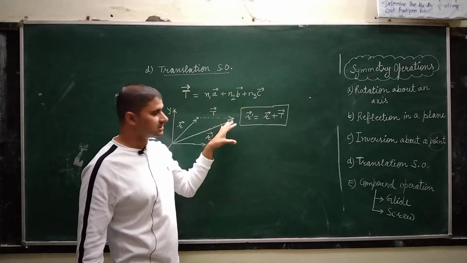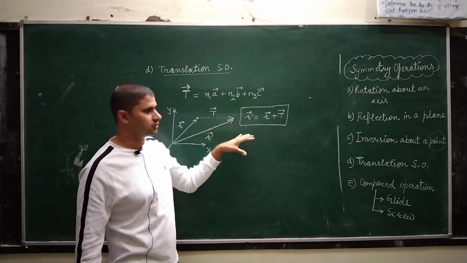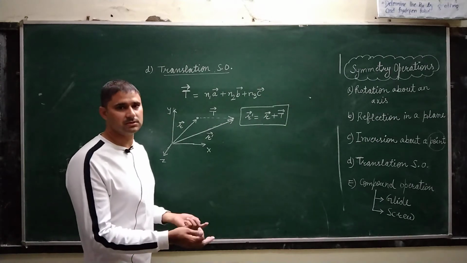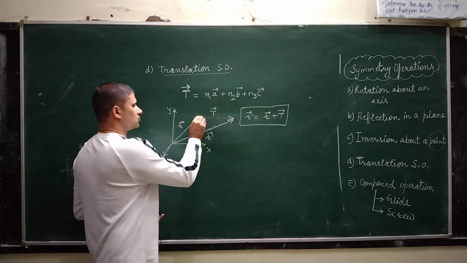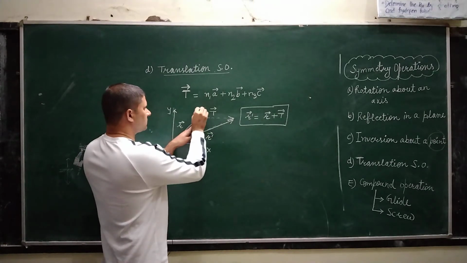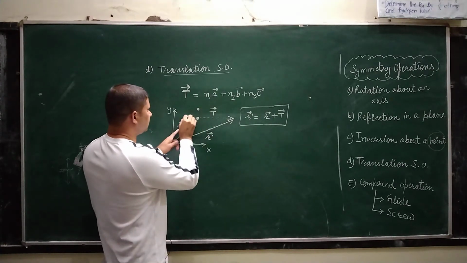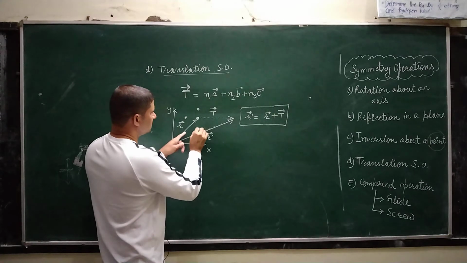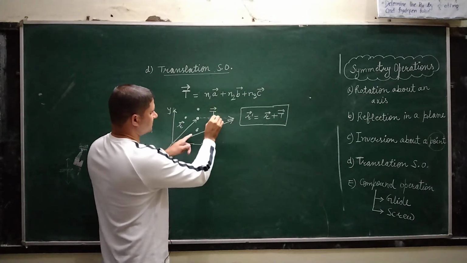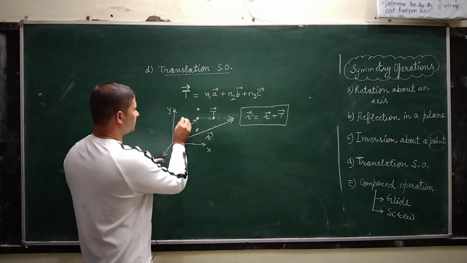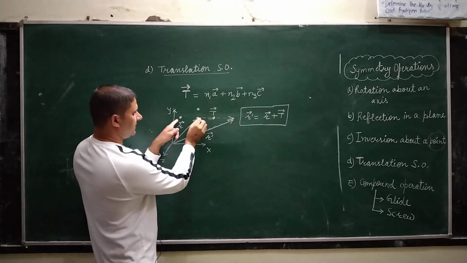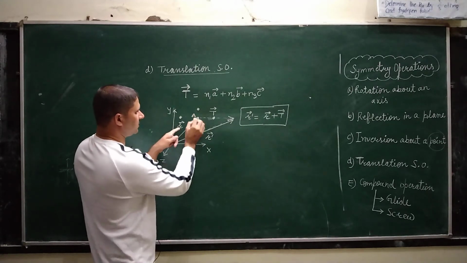And due to periodicity, definite arrangement and long range order, the surrounding of the particle remains unchanged. Suppose here you have a particle and particles are present like this. This is the arrangement in the surrounding of particle A.